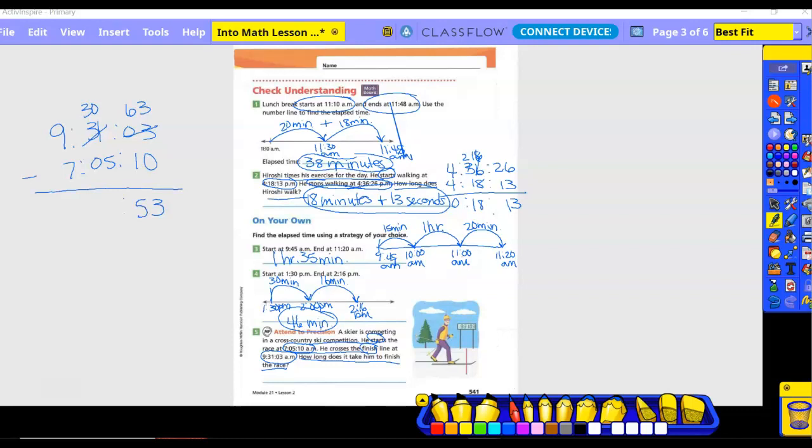Can I take 5 from 30? No. Yes. What is 30 minus 5? 25. And then 9 minus 7 is 2. So our answer is 2 hours, 25 minutes, and 53 seconds.